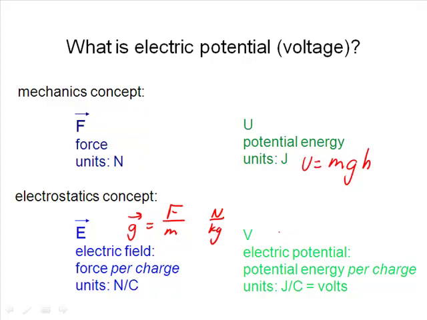Then we could talk about a gravitational potential, which would be potential energy per unit mass, which would just end up being gh. g is a constant. h tells us how much gravitational potential we have. So I like to think of voltage, electric potential, as being very tightly analogous with height.